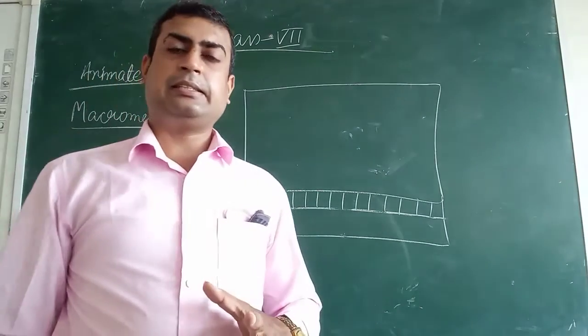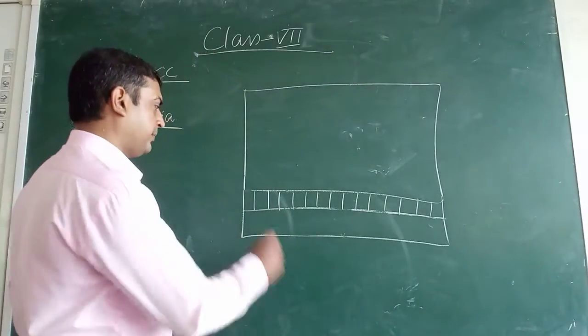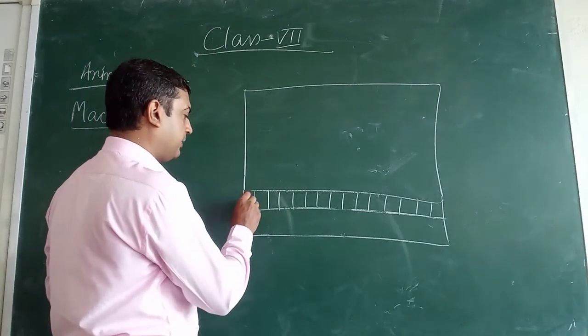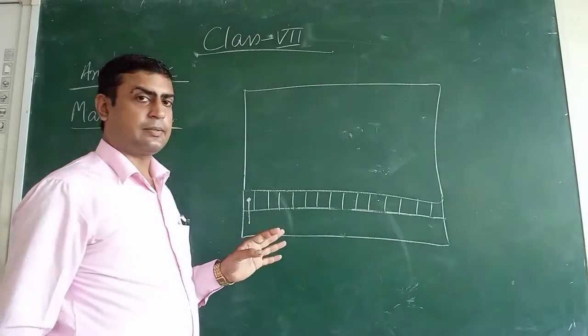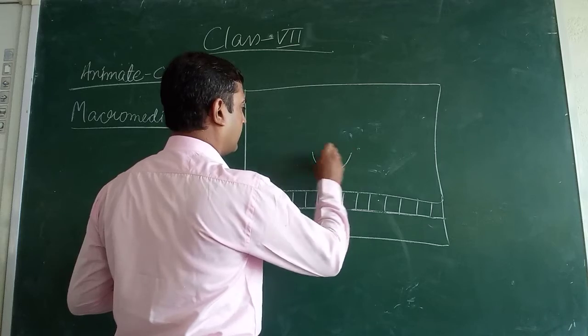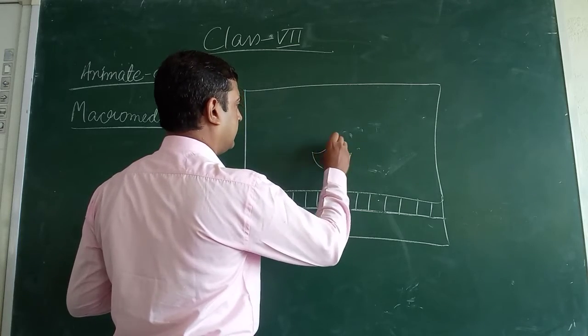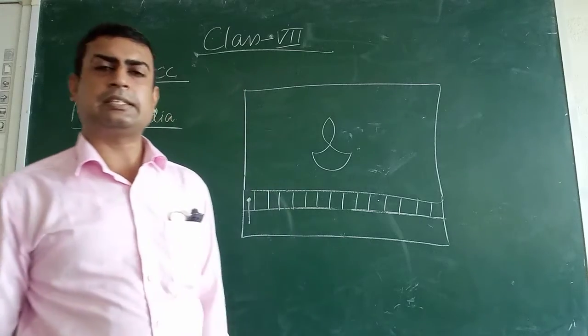In your Animate CC or Macromedia, you will get the timeline downside. You have to select the first timeline, you will get this dot selected with red color. Then you have to draw one diya. Let's say as an example, we have drawn this diya.